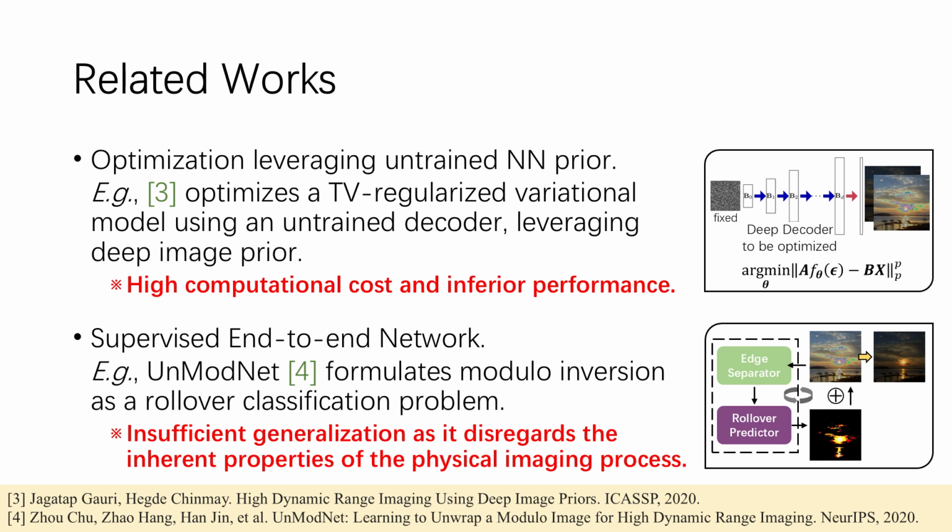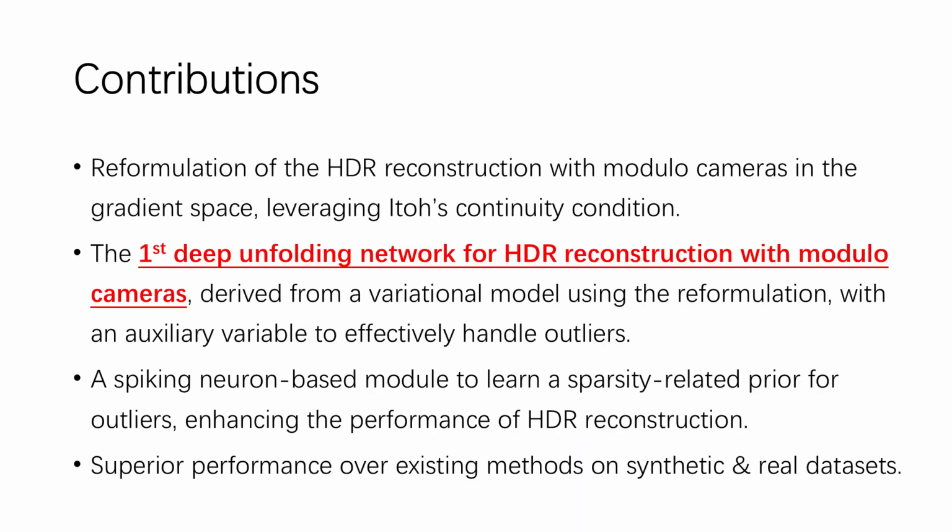Considering these limitations, we propose a deep unfolding network that explicitly encodes the modulo imaging process and its properties, enabling more accurate HDR reconstruction while maintaining computational efficiency. Our contributions are summarized as follows. We reformulated the HDR reconstruction with modulo cameras in gradient space by leveraging the IDO's continuity condition.